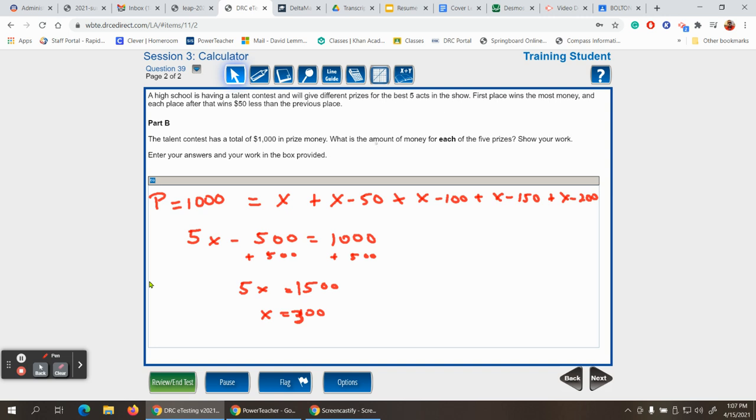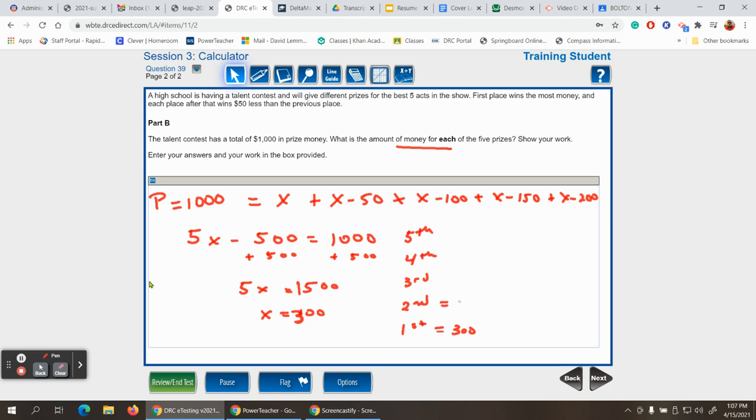So it says, what is the amount of money for each of the 5 prizes? So I'm going to say 5th place, 4th place, 3rd place, 2nd place, 1st place. 1st place gets how much? 300.